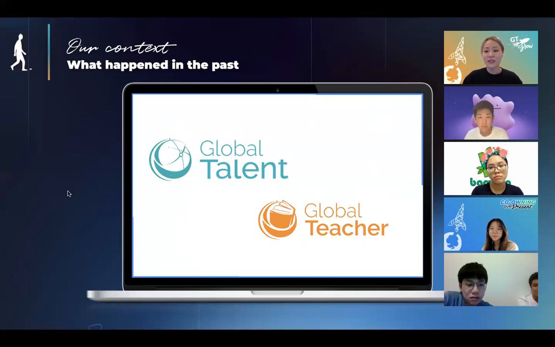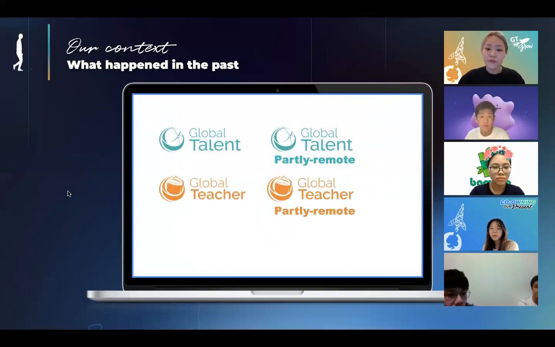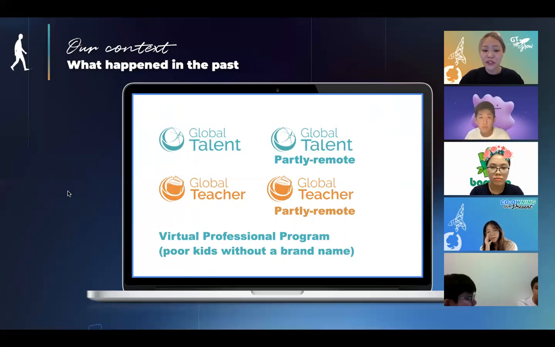But I think there is more meaning behind these changes, because we want to make it more specific for our customers to understand: global talent is more about business administration and internships, and global teachers is for teaching. I think this still makes sense. However, it became a little bit complicated after the pandemic started, and we did a lot of amazing innovations. So there is part remote, and there is VPP, and Pookies, without a brand name so far.